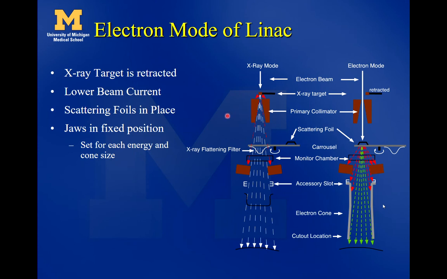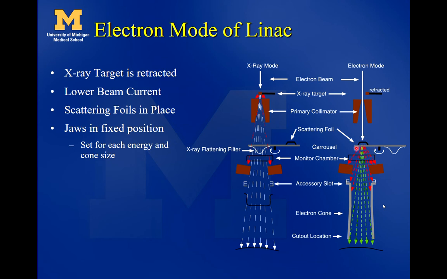Here's a diagram depicting the X-ray mode and electron mode of the Linac. In electron mode, the X-ray target is retracted. The primary electron beam passes through the primary collimator down to the part of the machine that's called the carousel. The carousel has a scattering foil on top of it.